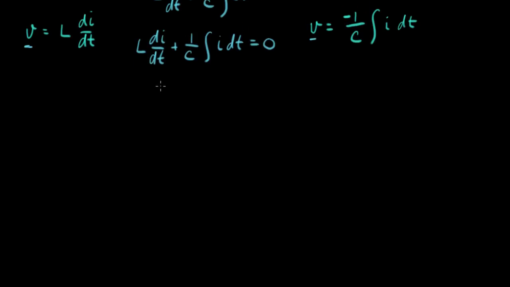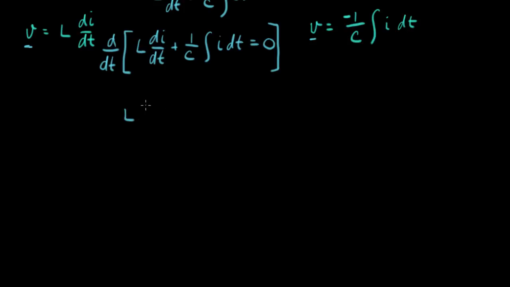Now, since I'm not used to having integrals inside equations, I'd rather have derivatives, since I have some experience with differential equations. So here's what we're going to do. We're going to take a derivative with respect to time of this whole equation. And that gives us the second derivative of the first term.